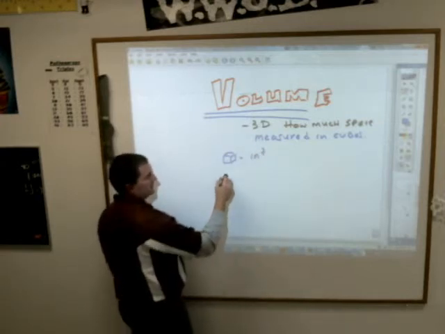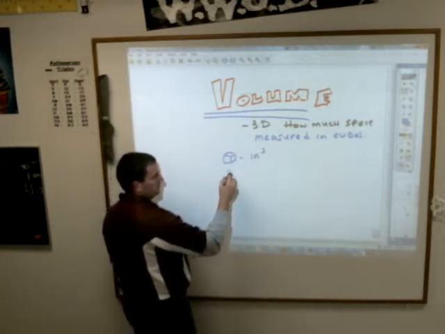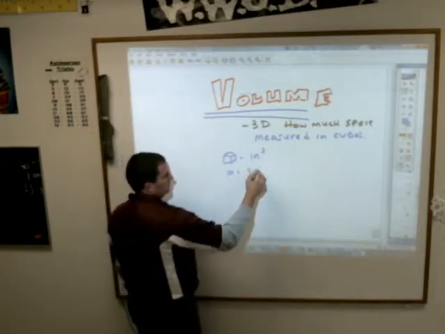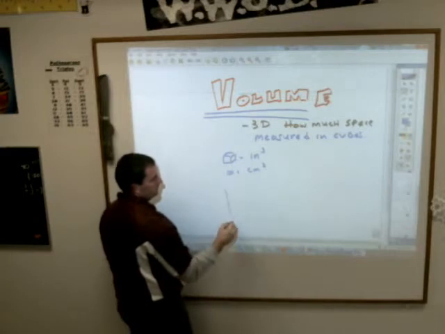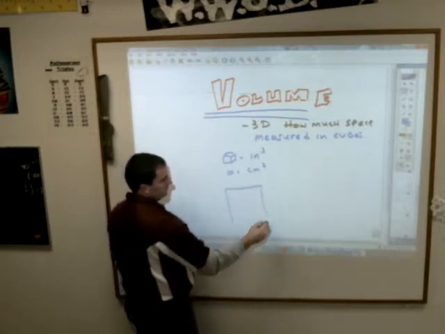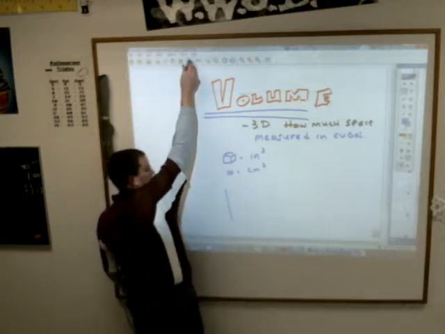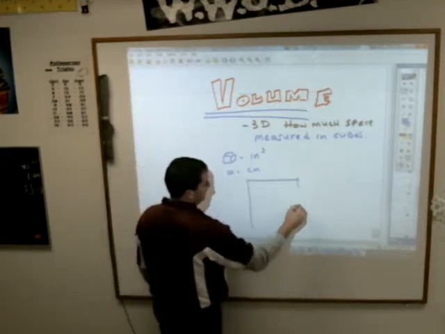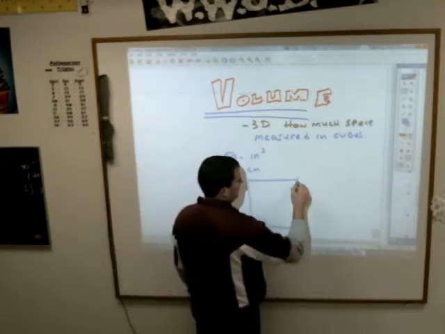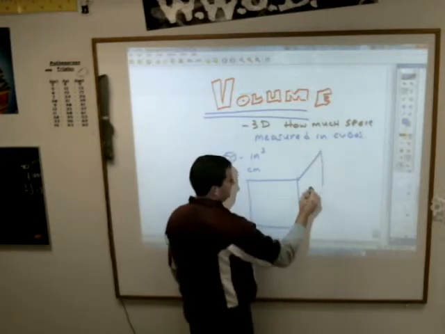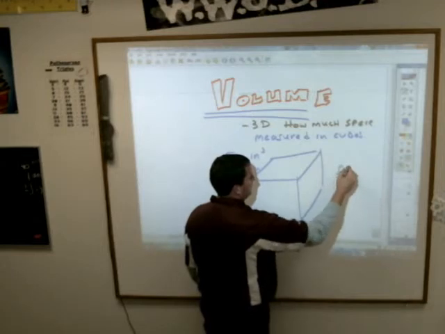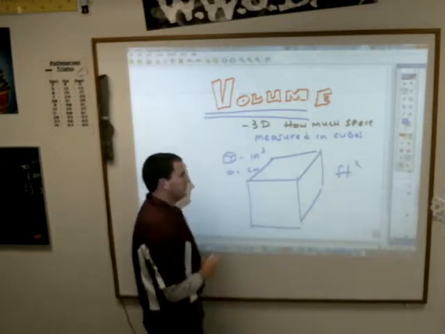If you get to a cubic centimeter, that's really pretty small, a lot smaller than that even. You start talking about cubic feet, I think that's not even close. Just trying to make it actual size. 12 inches by 12 inches by 12 inches, you get your cubic feet, or a foot cube.